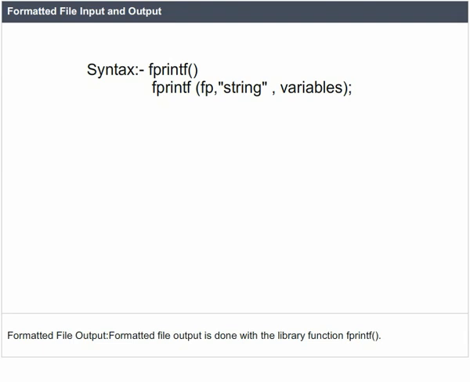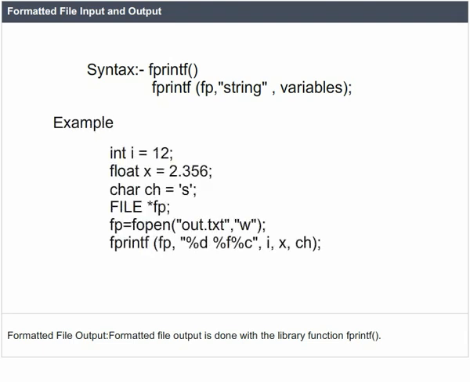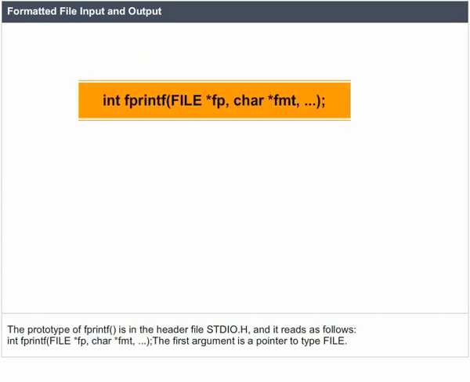Formatted file output. Formatted file output is done with the library function fprintf(). The prototype of fprintf() is in the header file stdio.h and it reads as follows: int fprintf(FILE *fp, char *fmt, ...); The first argument is a pointer to type FILE.